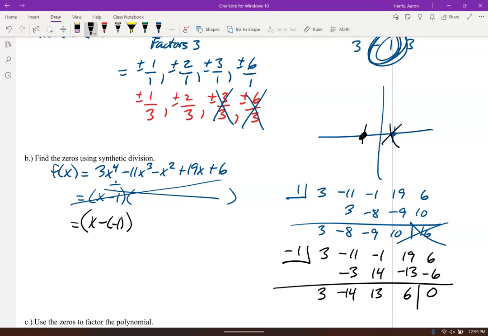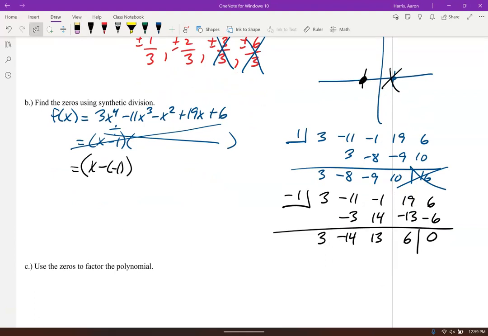Hey, there we go. It's a 0, it has a remainder of 0. So x minus negative 1 is a factor, and I'm going to put in 3x, 1 degree less, to the third now, minus 14x squared plus 13x plus 6.